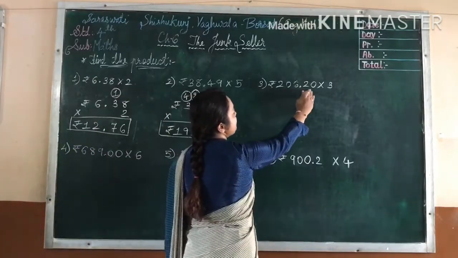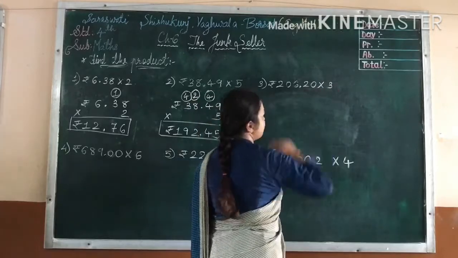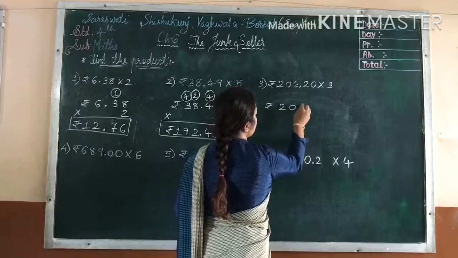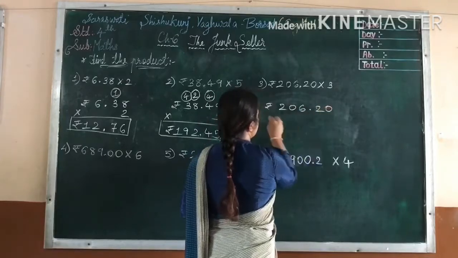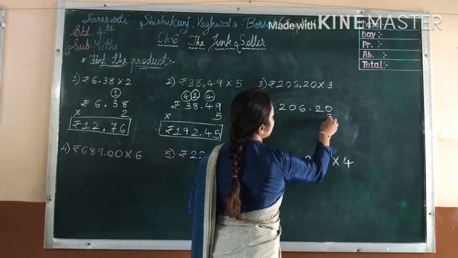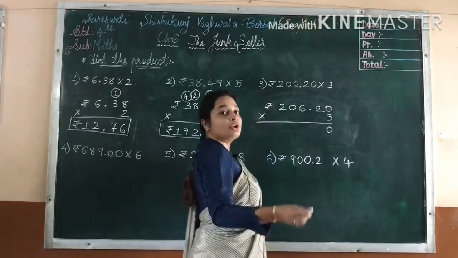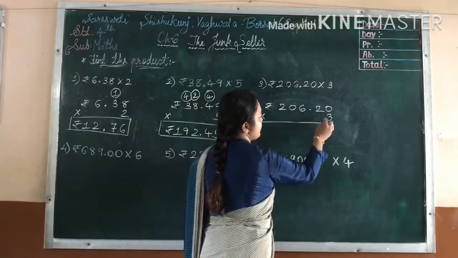Rupees 206.20 multiplied by 3. So let's solve that. Rupees 206.20 multiplied by 3. 3 zeros are 0. 3 twos are 6.